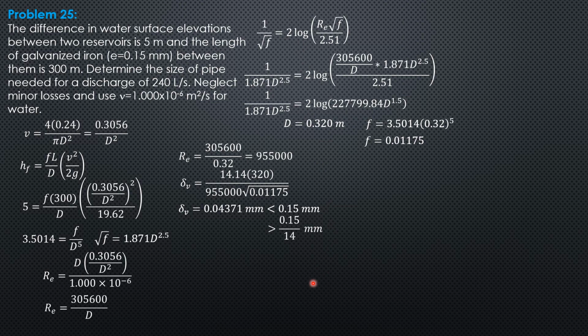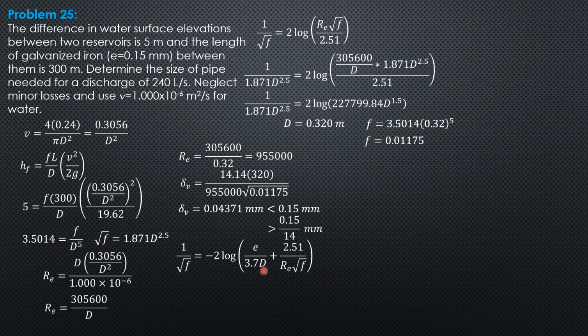So we must recompute f based on the transitionally rough pipe, which is 1 over square root of f equals negative 2 log of e over 3.7d plus 2.51 over Re square root of f. So that's the equation. So substitute. Take note that d here is in meter and e here is in mm, so we must divide e, 0.15, by 1000 to be consistent with d.